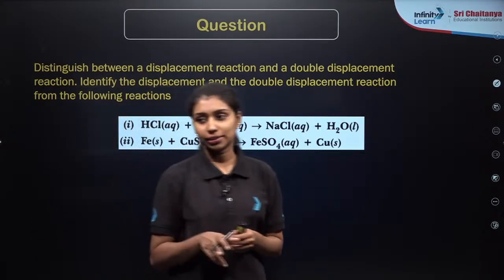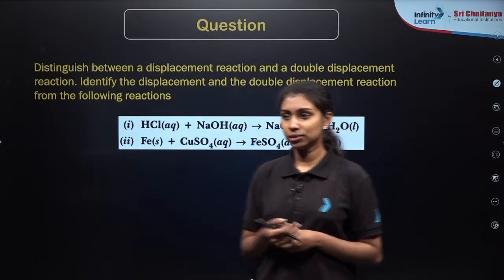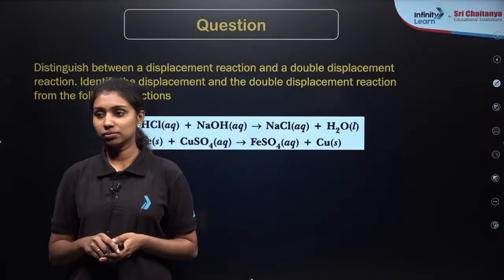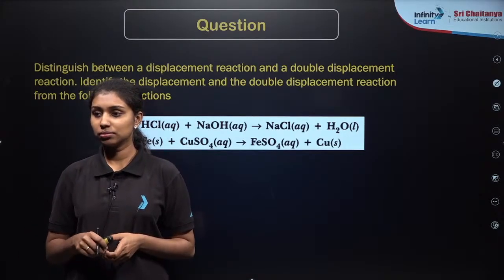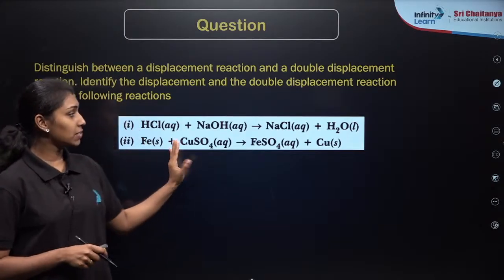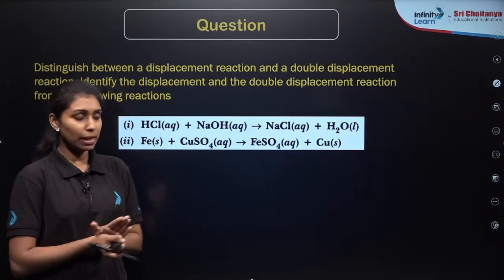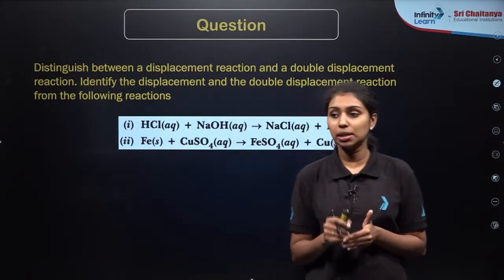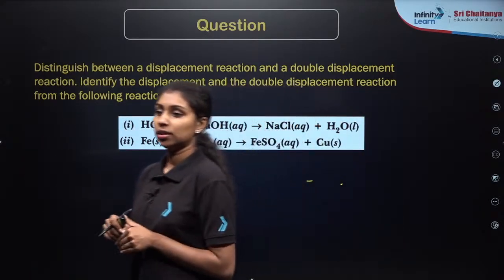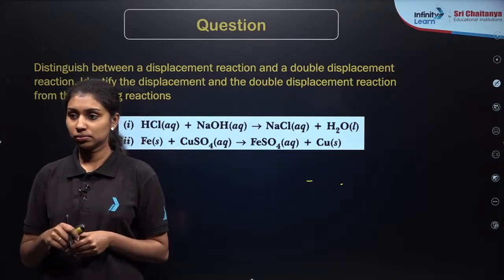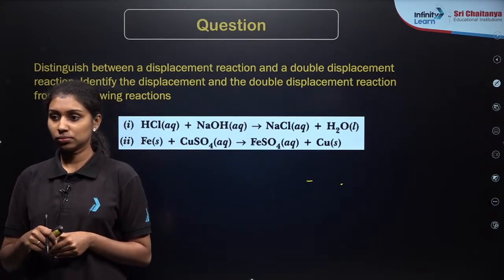Yes, Arush, you are correct. So what about the first reaction, whether it is a displacement reaction or a double displacement reaction? We have already known the main difference between them.